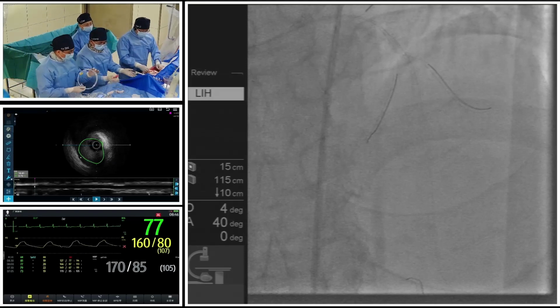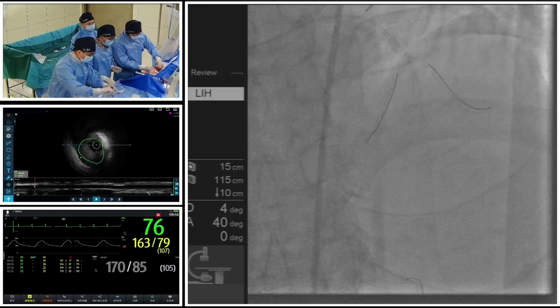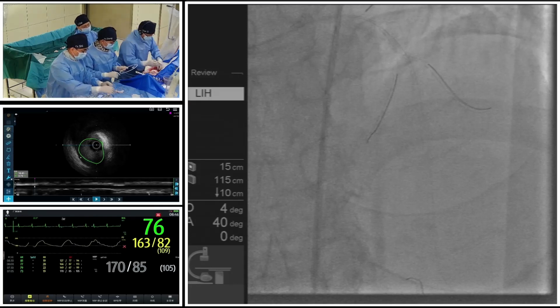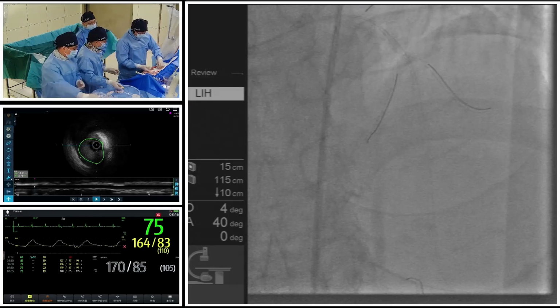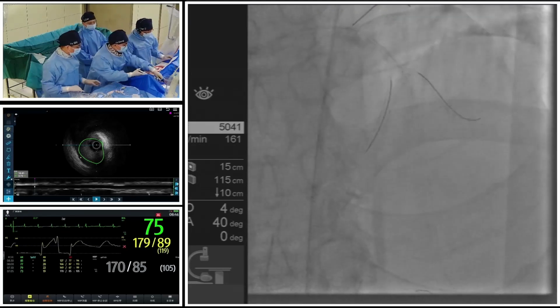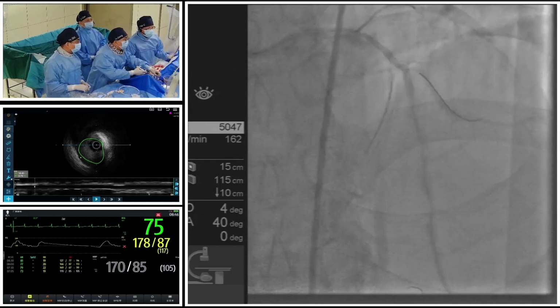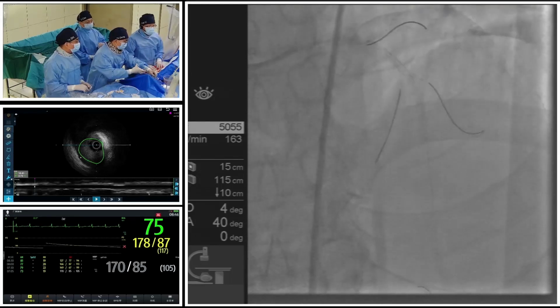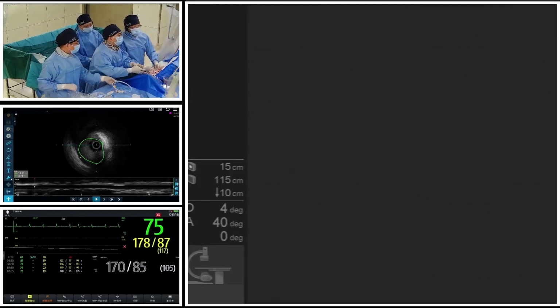And the other thing is that there is some very severe superficial, eccentric calcification. We know that the biggest problem of superficial and eccentric calcification is restriction of stent expansion.